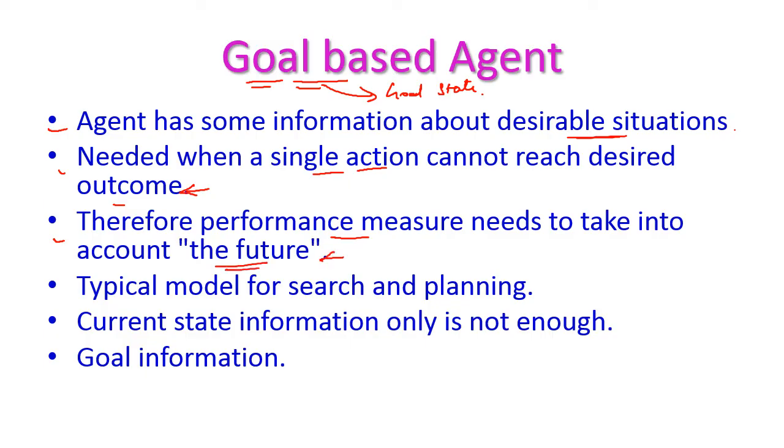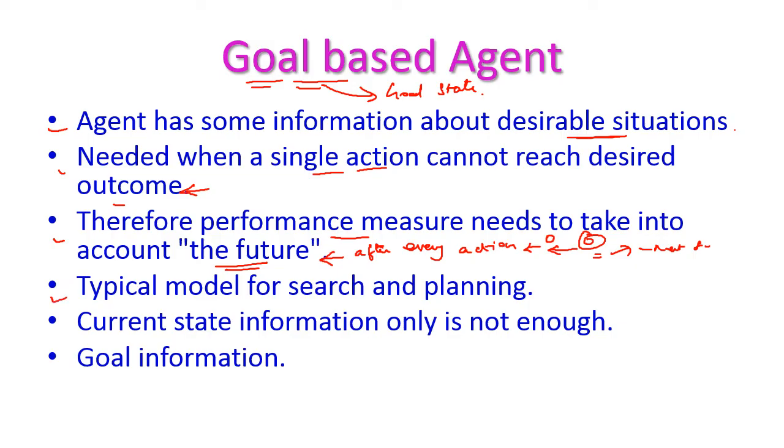That is, after every action, the current state will be compared to the goal state, whether we have reached the goal state or not. If the goal state is not reached, then again we need to select the next action to perform on that environment.